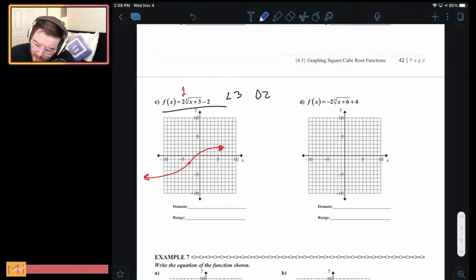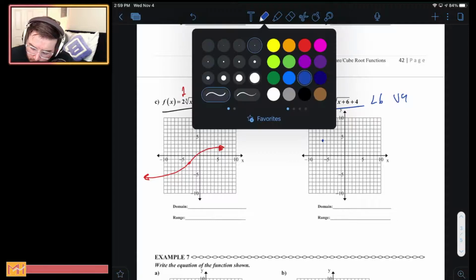And then let's take a look at this guy. It's been moved left 6, up 4. So left 1, 2, 3, 4, 5, 6, and up 1, 2, 3, 4, right there, right? That's the central point, and then from there, things are going to sprout outwards.